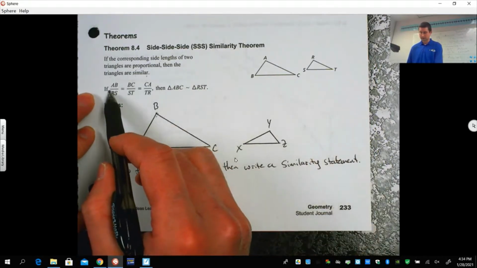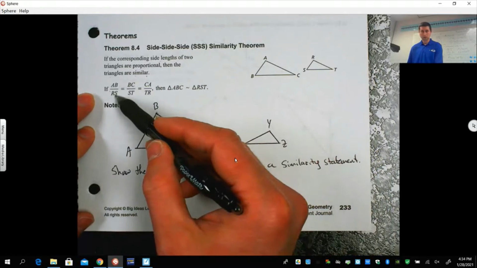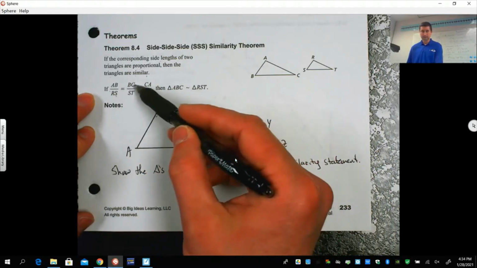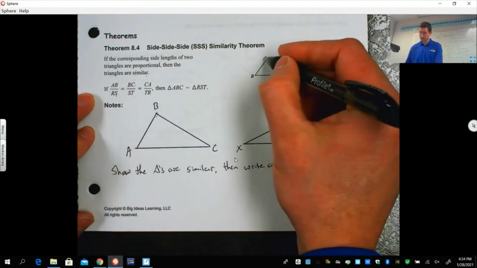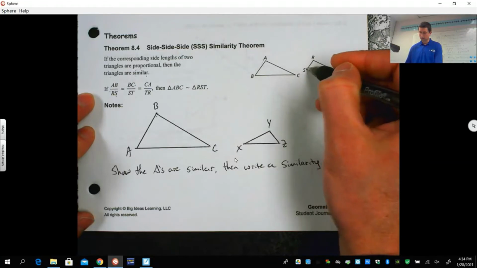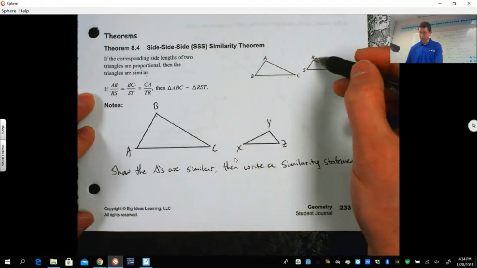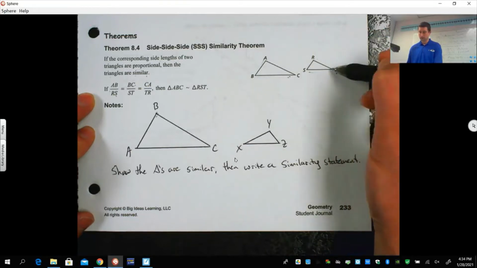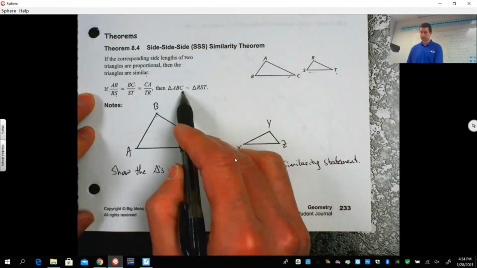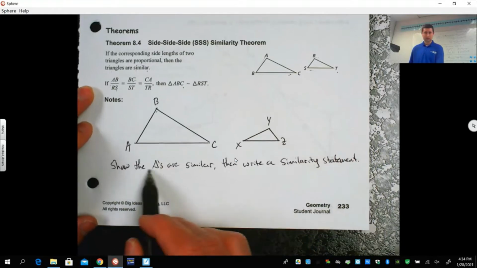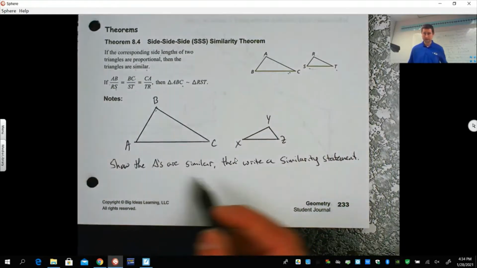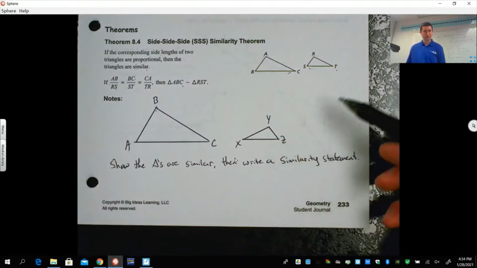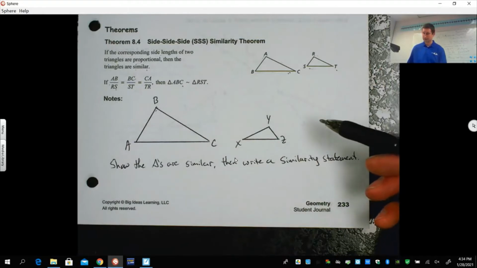So they said if AB over RS equals BC over ST equals CA over TR, then the triangles are similar. So my example here says, show the triangles are similar, then write a similarity statement.